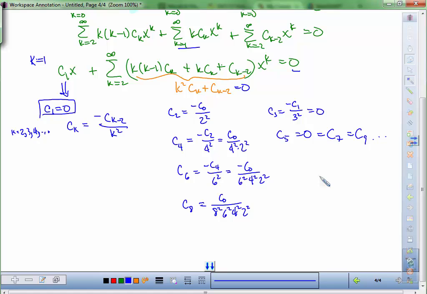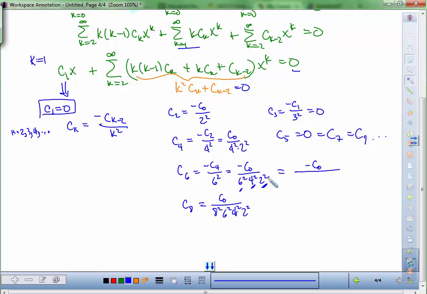Sure. Yeah, so what if we factored out a 2 from each of them? Let's see if we could do this. Let's do it for this one. Minus C naught. We factored out a 2 from here, a 2 from here, and a 2 from here.